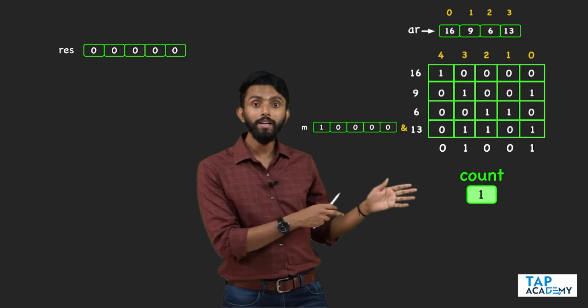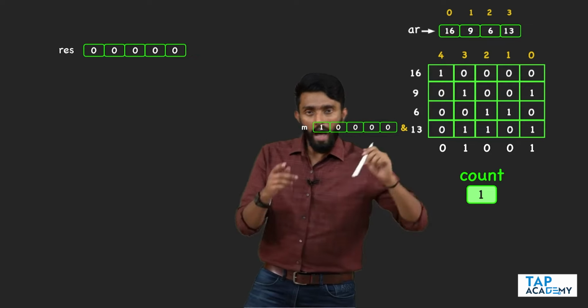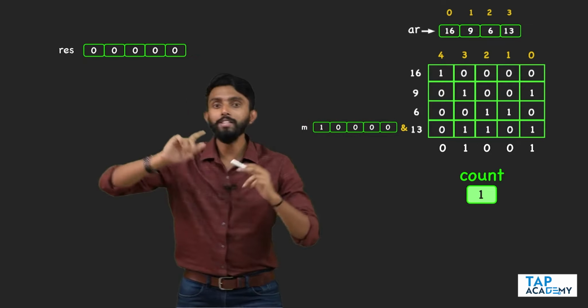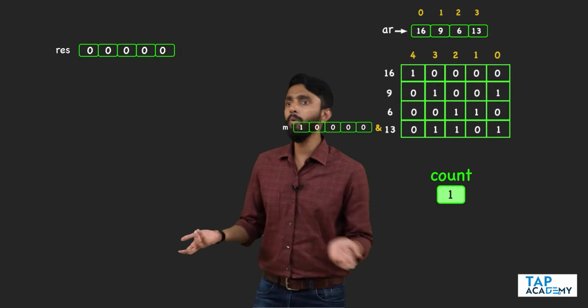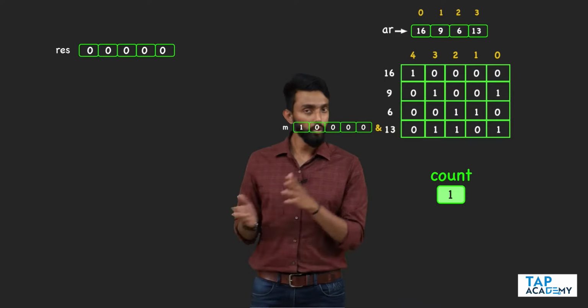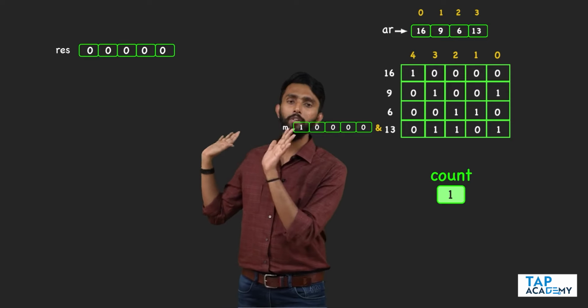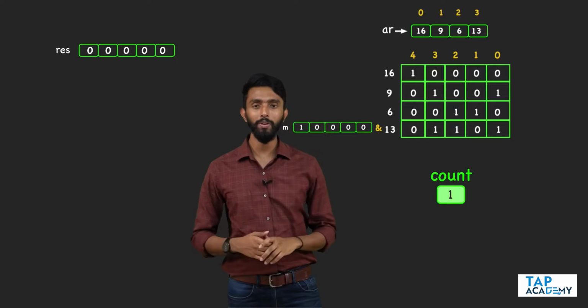So the moment I see that the count is not greater than or equal to 2, I will go to my result and I want to ensure that the first bit is set as 0. How will you set it as 0? Don't have to do anything, leave it as it is. Don't touch it. So the moment count is less than 2, don't touch your result, leave it as it is. If you leave it as it is, you know that 0 will remain 0, and that is what you wanted to do.